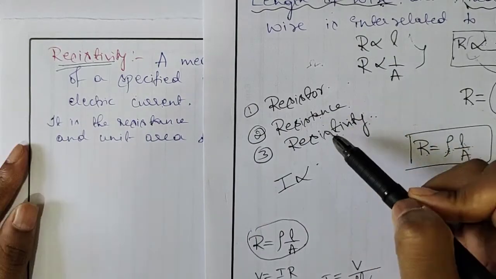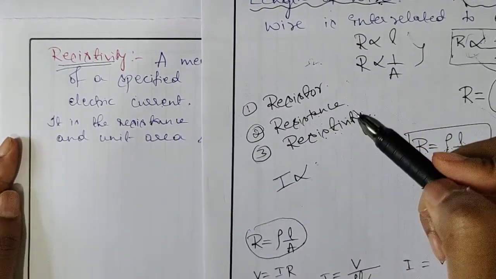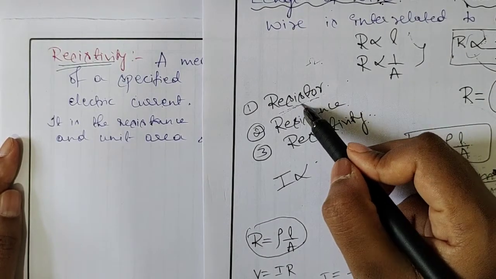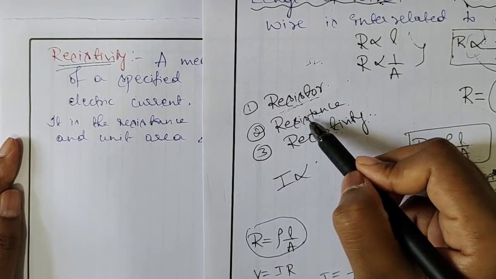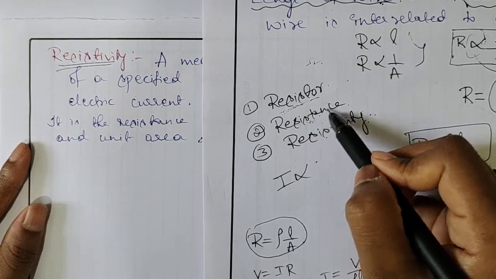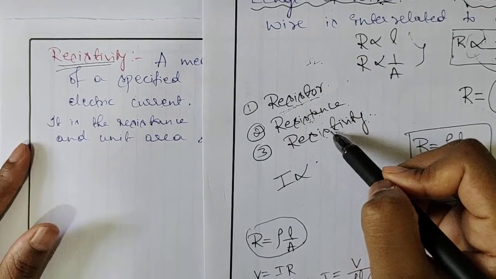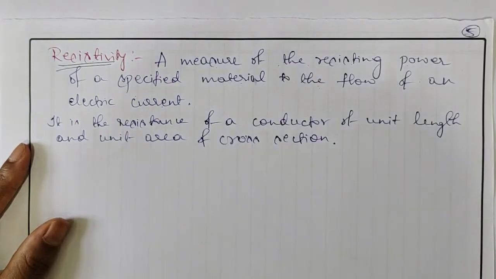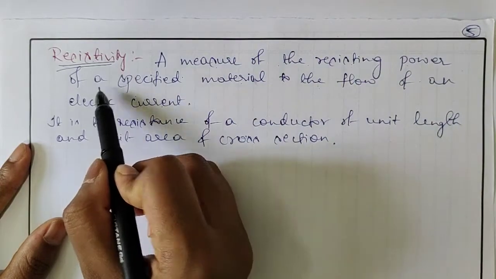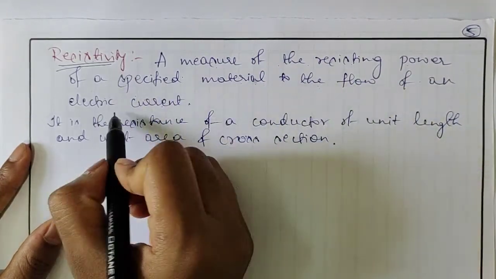Resistor, resistance, resistivity. Now you need to understand one by one. Resistance is a property of a material, that wire, which resists current, that we'll call resistance. Now to measure this resistance, we will call it resistivity. In other words, we need to write it as a measure of the resisting power of a specified material to the flow of electric current.